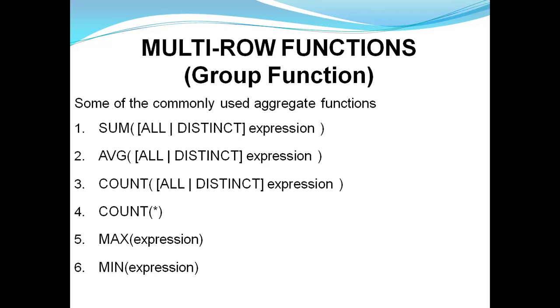When it is all, it will take all the available values and perform the action according to the function. But when you use the keyword distinct, it will choose only the distinct values and perform the action. Better we go step by step practically.